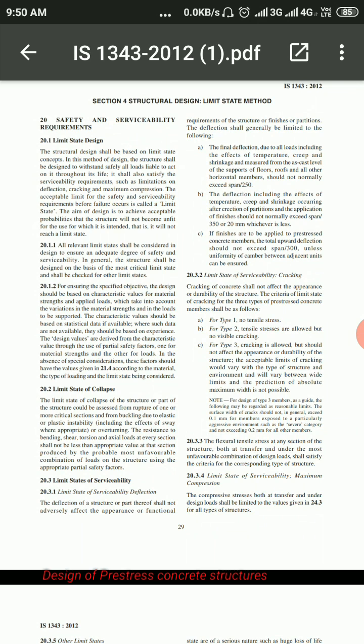I have uploaded this IS code in Google Classroom, so everyone please go and download it and see the clauses thoroughly. If we are clear with the clauses and the general specifications of design, then we can easily design our prestressed concrete members.